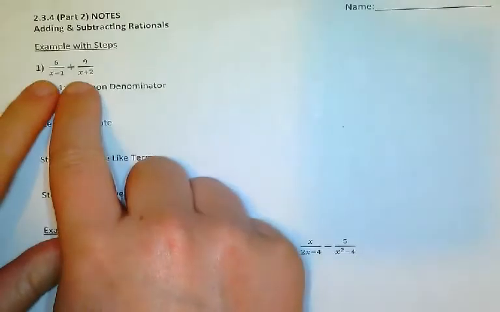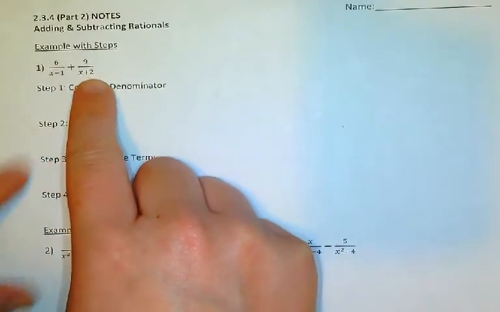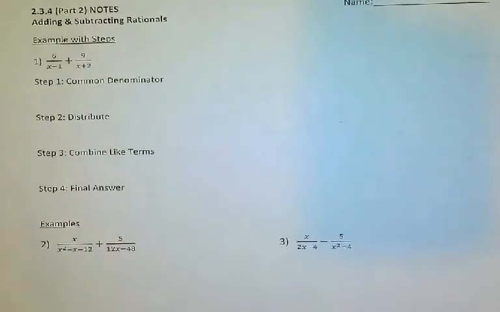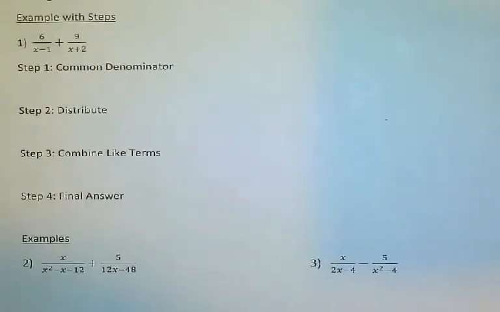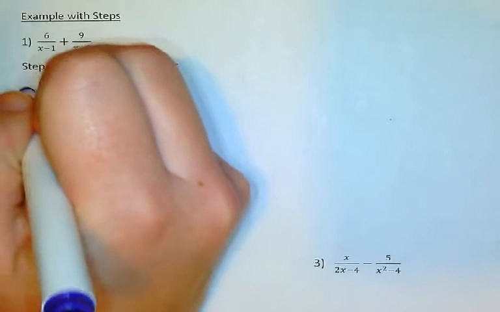I mean, they both have x's, but those x's are tied to some other number. So here, our common denominator, I'm going to zoom this in a little bit. These don't really have anything in common. So what we're going to do is list our common denominator.